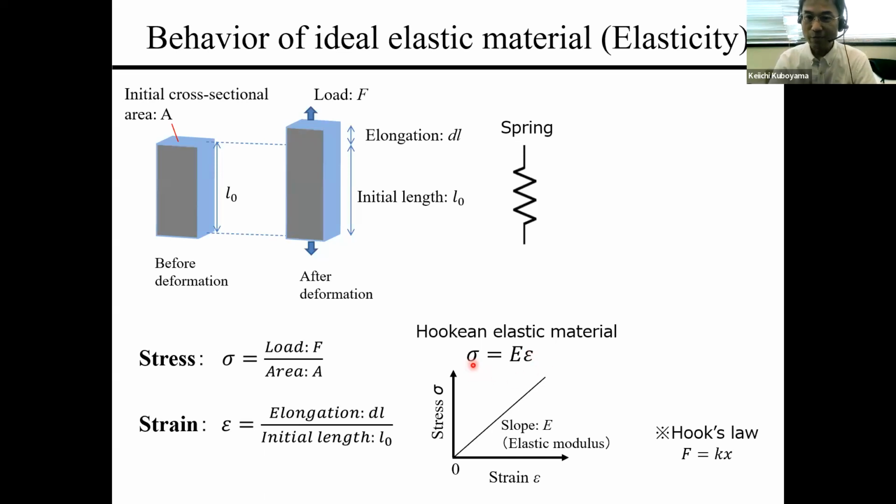So please remember this. This one is stress, this one is strain, and this one is elastic modulus. So this equation is very similar to Hooke's law. This one is the spring constant, and the elongation and force. So maybe you can easily remember this equation.